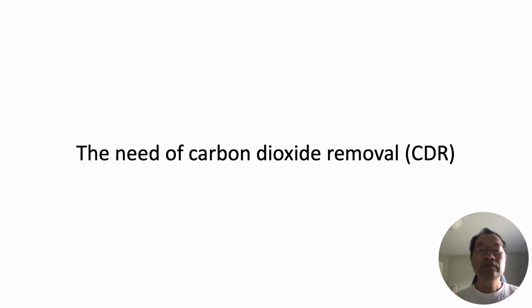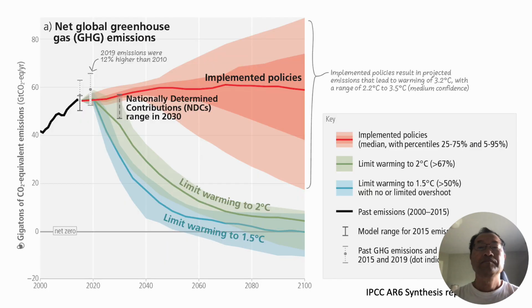So in order to limit global warming, we need to have carbon dioxide removal, which I'm going to explain in the next few slides.